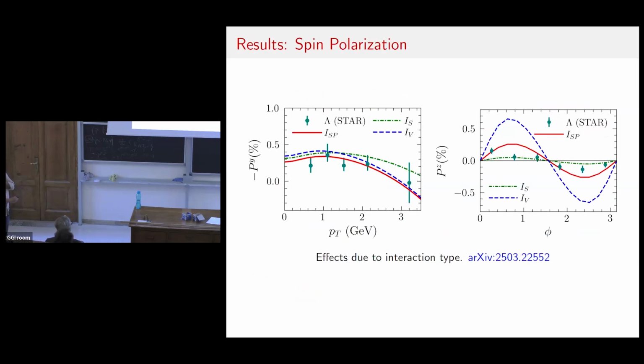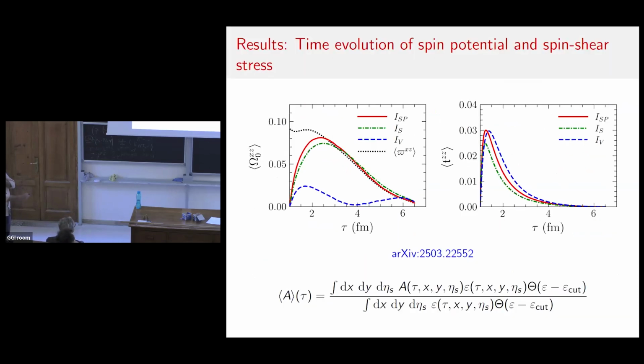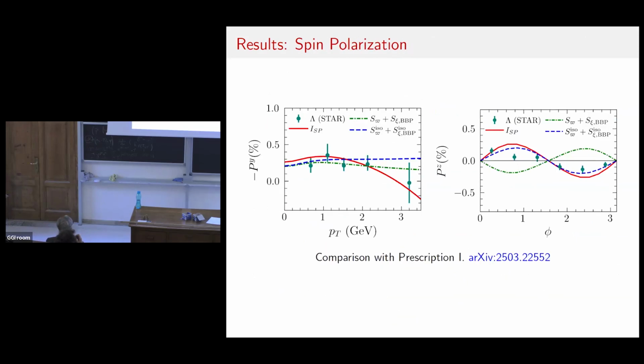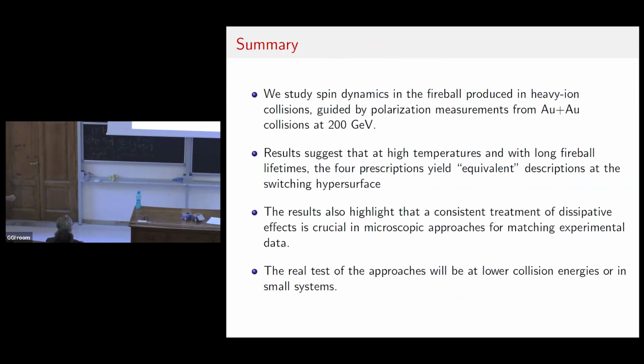As we go to this figure, we see that everything actually converges to thermal vorticity. So in this respect, all the 4 prescriptions are equivalent. However, when we go to lower collision energies, the lifetime may not be sufficient for these to go to the equilibrium values. The real test of these prescriptions will be when they are applied to lower collision energies or small systems. But at this moment, all are equivalent for 200 GeV. So yes, thank you.